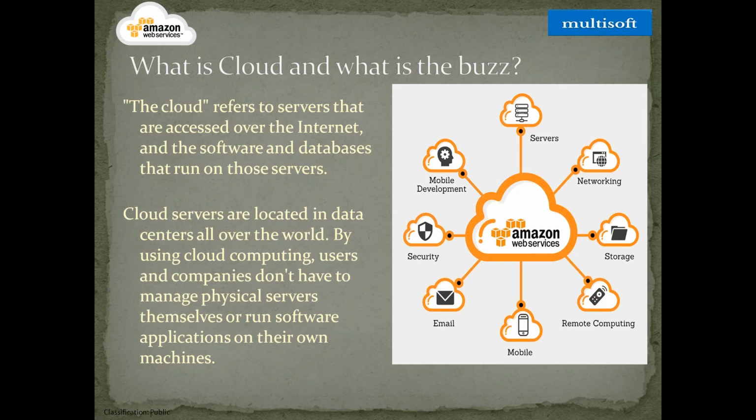You can have a virtual machine, a big data server. It has solutions for networking, storage, something like S3, which we'll be discussing in this training, and remote computing, where you can connect your mobile device or build mobile applications.